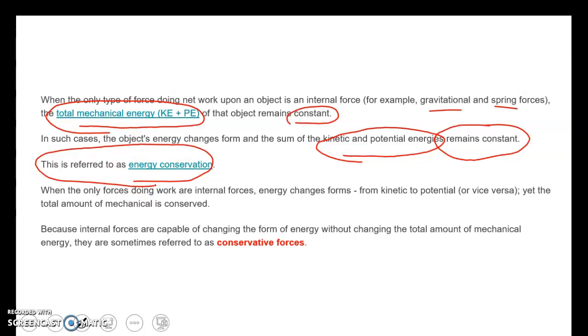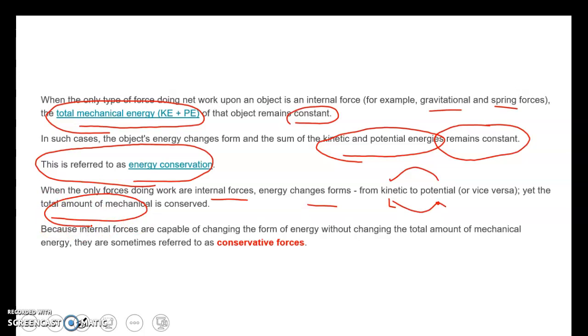Total energy being conserved. All right? Which is always true. But in this case, total mechanical energy is always conserved. When the only forces doing work are internal forces, energy changes forms, kinetic to potential or potential back to kinetic. Yet total mechanical energy is conserved.